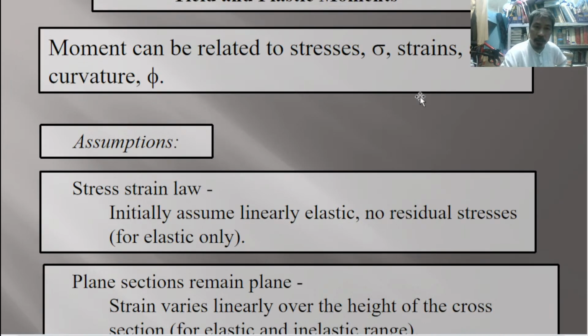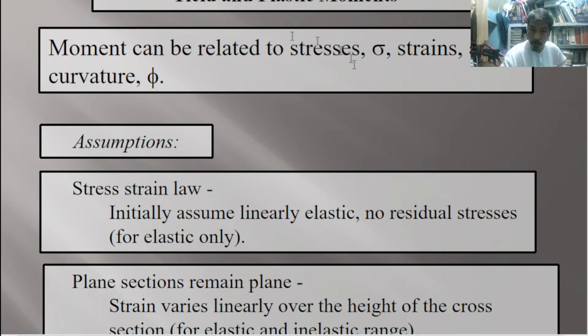Yield and plastic moments can be related to stresses. Okay, so rho, strain, epsilon, and curvature, angle. Curvature is angle. Okay, so assumptions.